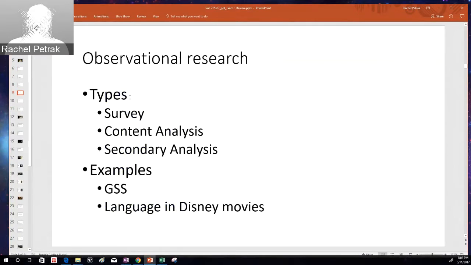And a nice example is a study I have found about the language used in the Disney princess movies, which interestingly found that in the first wave of Disney princess movies like Snow White and Cinderella, the older Disney princess movies, and it compared the language used by the female characters and the language used towards the female characters.